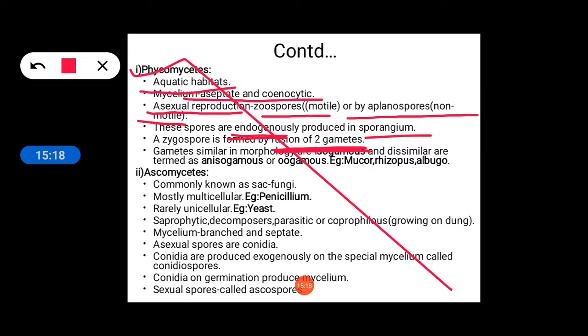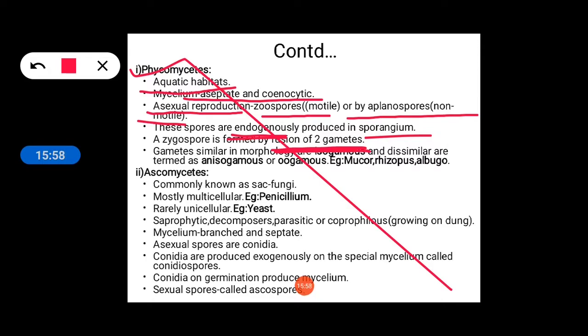Examples are Mucor, Rhizopus and Albugo. These are the examples of Phycomycetes, the first class of fungi.